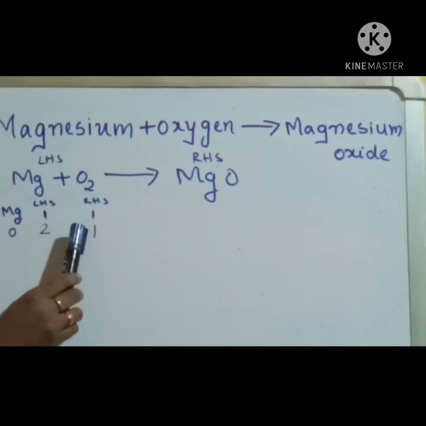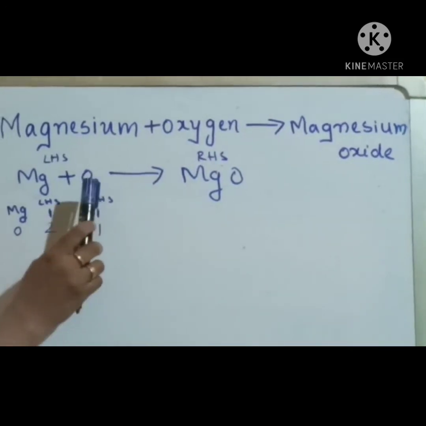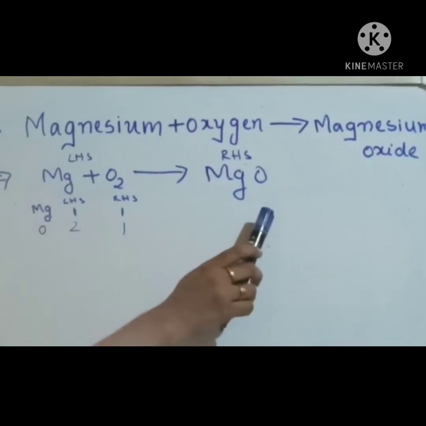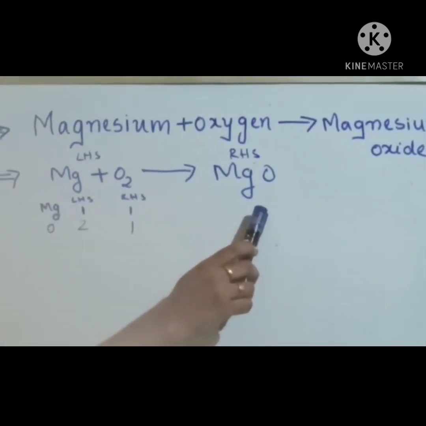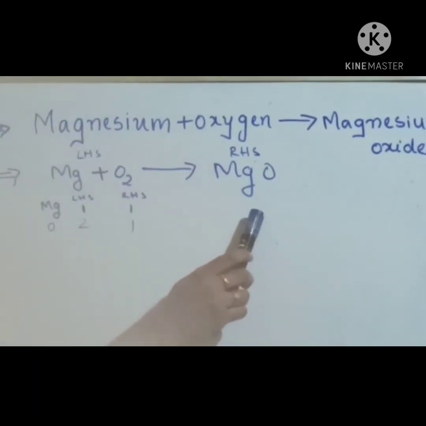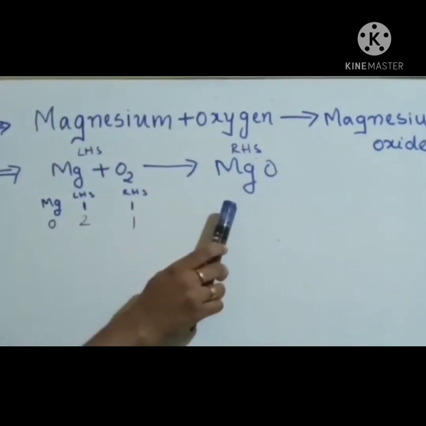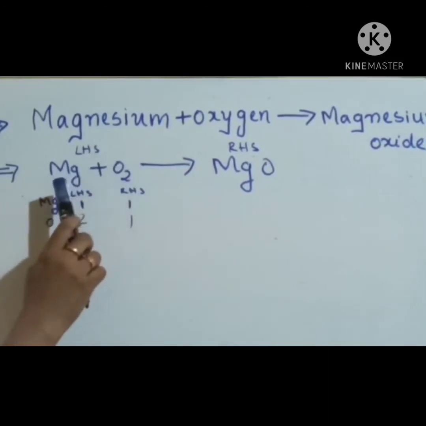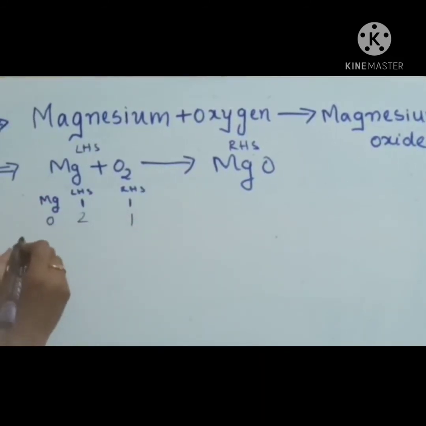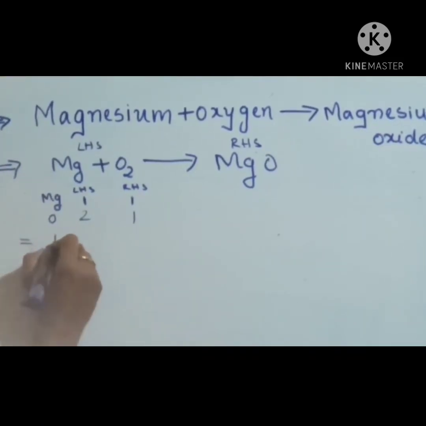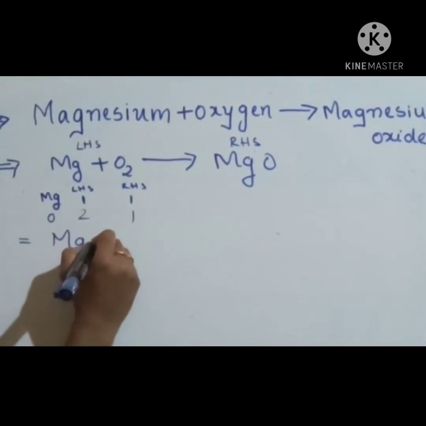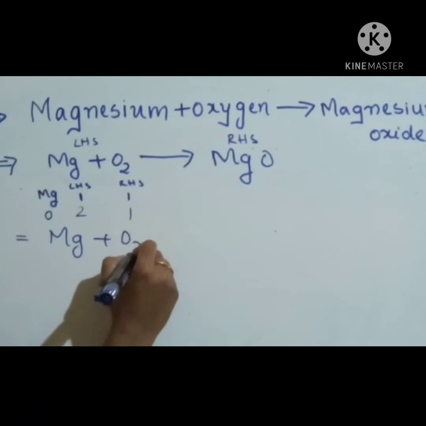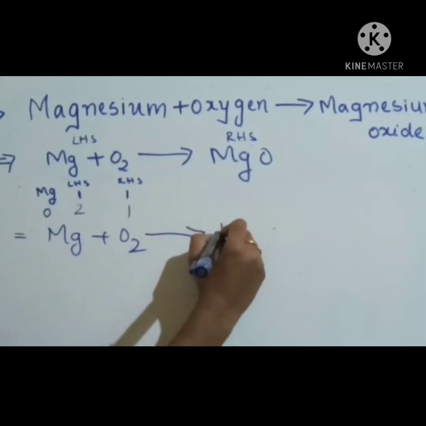Therefore, according to the law of conservation of mass, the equation is not balanced. So we have to balance the above equation. The first step for balancing the equation is writing the skeletal structure. That is Mg plus O2 gives MgO.